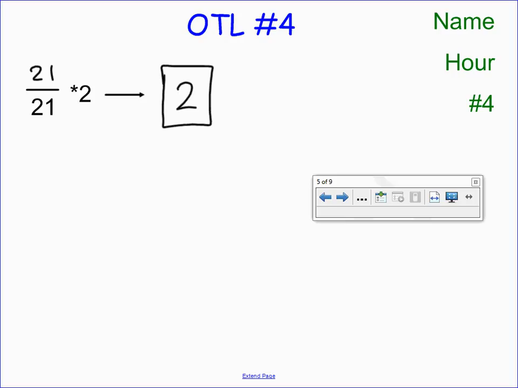Front rows, make sure they're facing the same direction, please. I appreciate your help, you guys. I appreciate your help each and every day, ladies and gentlemen.